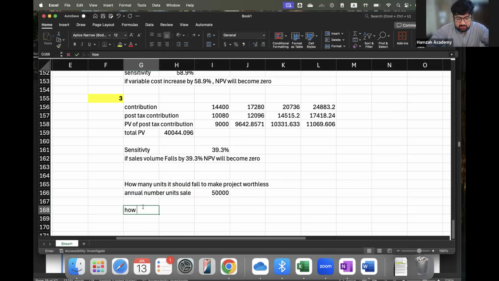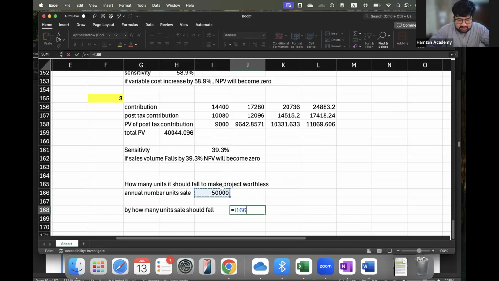So by how many units should sales fall? That is equal to 50,000 into this. So 19,627 units.